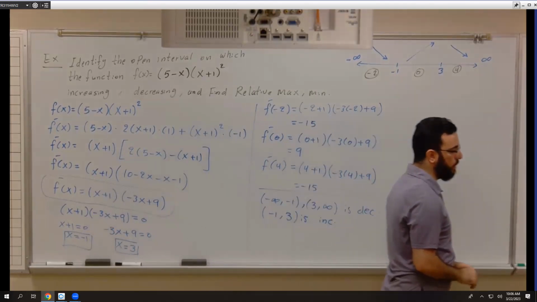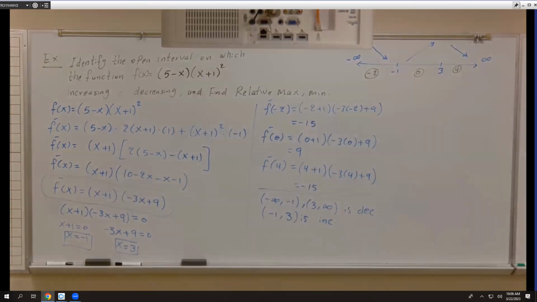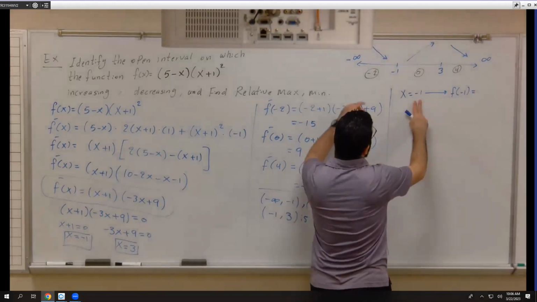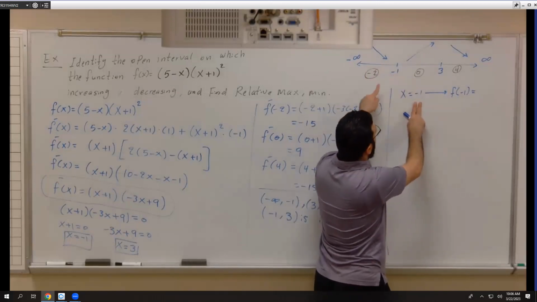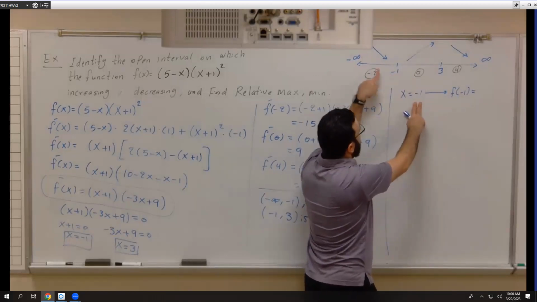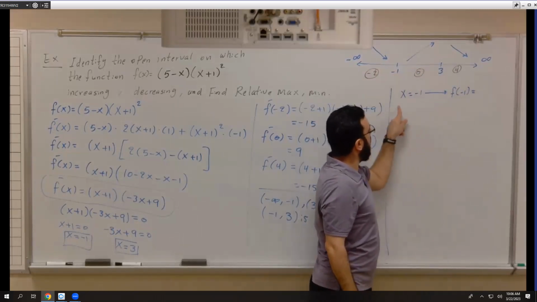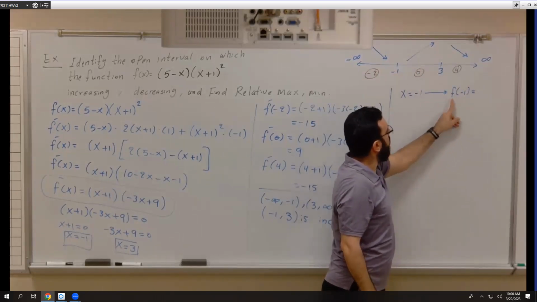Now, next step, you have to find the relative maximum and relative minimum. Now tell me how much it's going to be. When x equals negative 1, you can tell that negative 1 is a relative minimum, and at 3 is a relative max. How much is y when x equals negative 1?